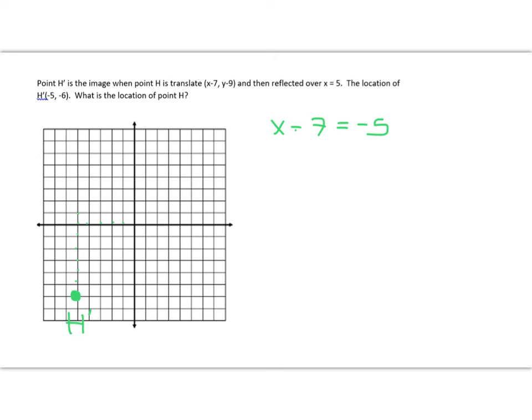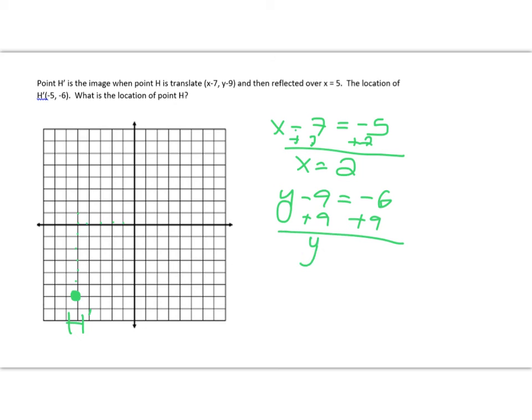So really, what did I do? If I add 7 and add 7, I said x was at 2. So x was at 2, and then my y minus 9 became -6. If I add 9 and add 9, I get y equals 3. So x is 2, y is 3. That's after my translation.